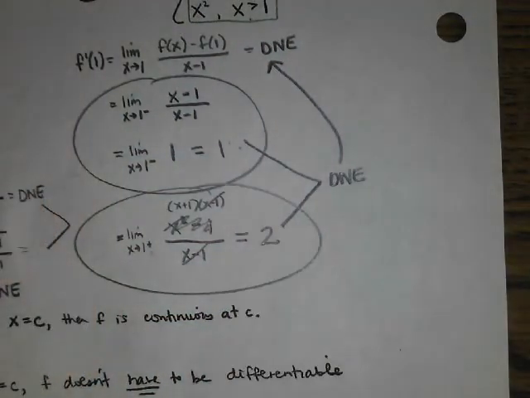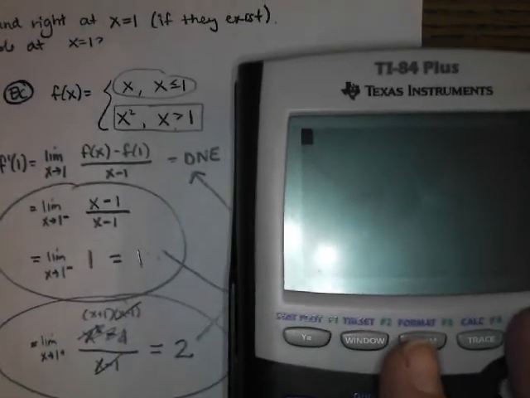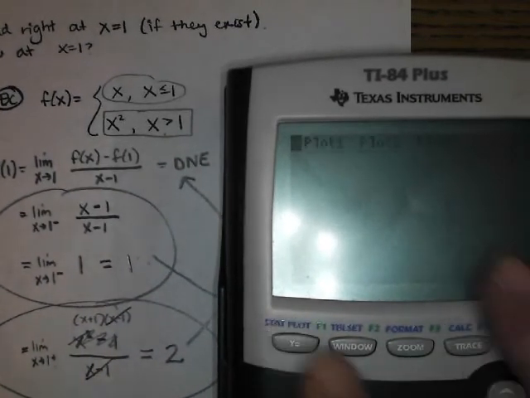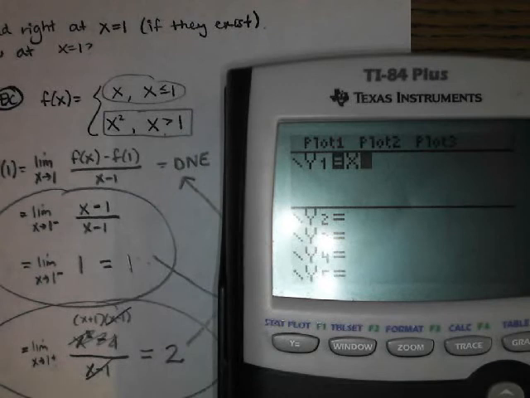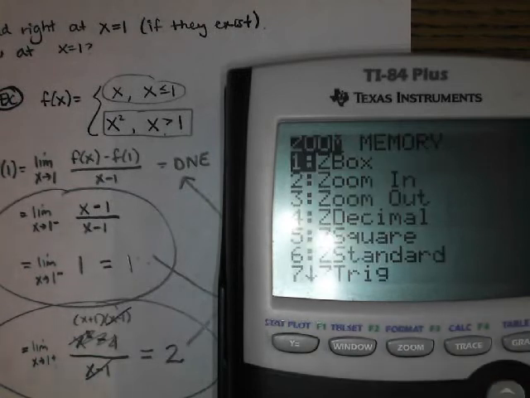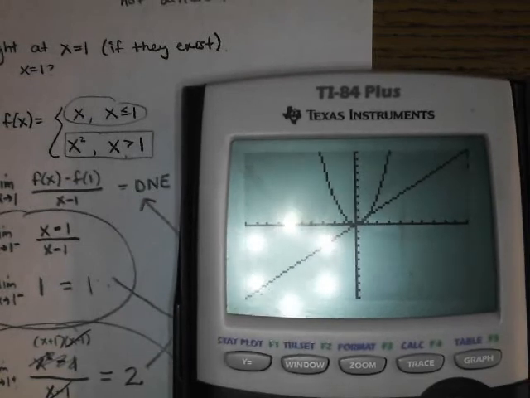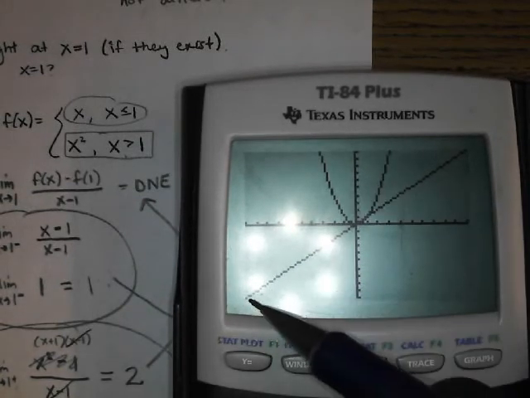Now it's a piecewise function, so to do it on my calculator is going to be a little bit of a challenge. I'm going to have to draw a little bit on the board on top of it, because it's only going to give me both full functions. But the one to the left of 1, this is what we're following initially, and then we turn to the parabola right at 1.